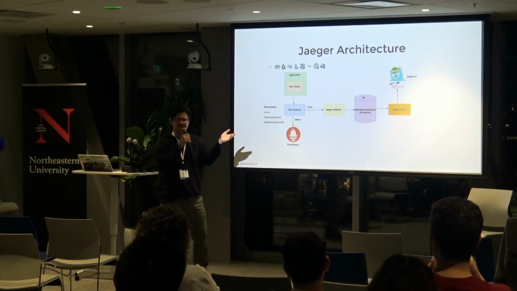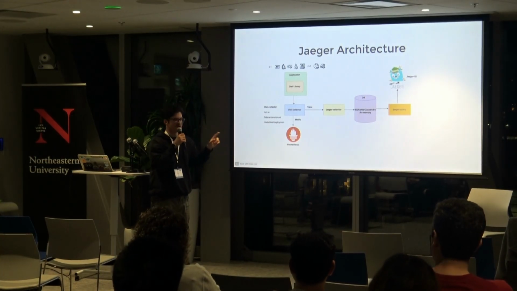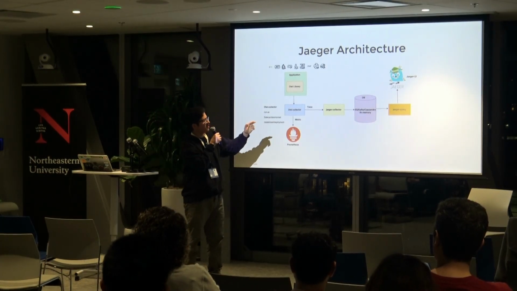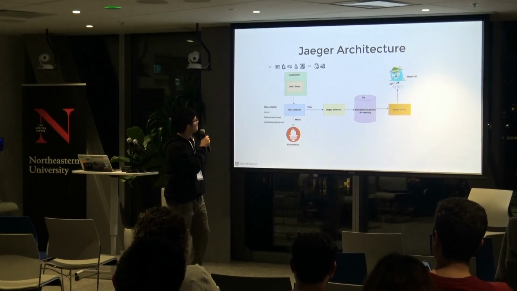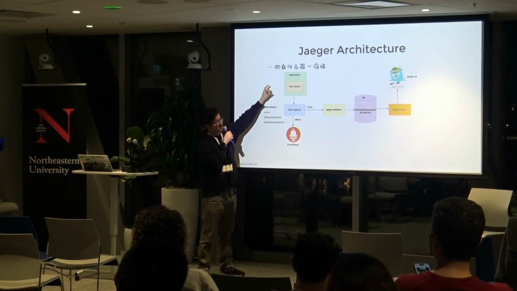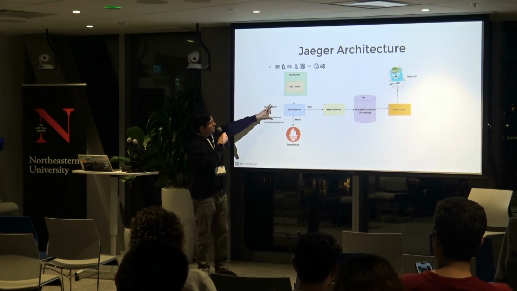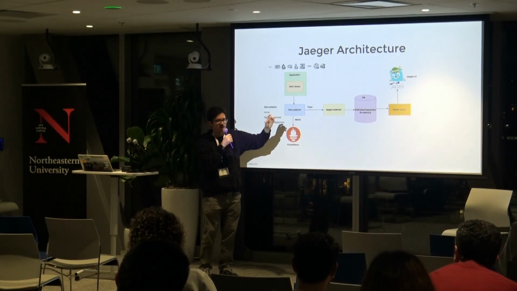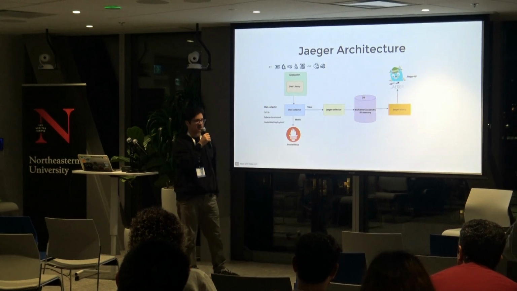I think you can even do ElasticSearch, if I'm not wrong. I could be wrong, but I think you can. And then Jaeger does the queries and shows them in the UI. This green box right here is your Golang application for this demo. The OTEL collector collects the data from that application and sends it to Jaeger, Jaeger stores it, and then serves it in the UI.